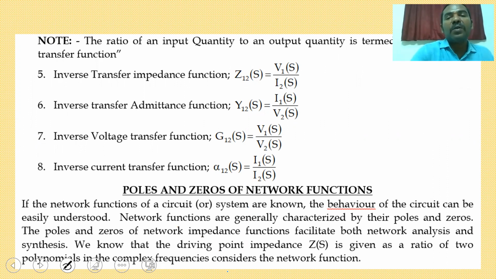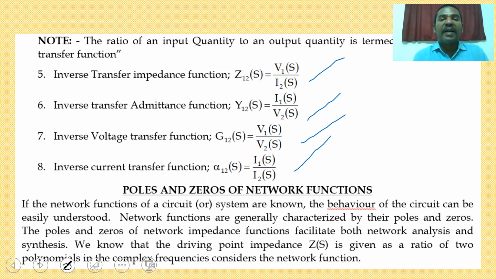So Z12 is equal to V1 of S by I2 of S. Similarly, the inverse transfer admittance Y12 of S is equal to I1 of S by V2 of S. Similarly, the inverse voltage transfer function G12 of S is equal to V1 of S by V2 of S, and the inverse current transfer function alpha 12 of S is equal to I1 of S by I2 of S. So like that, for a two-port network or an n-port network, you can go for the transfer impedances.